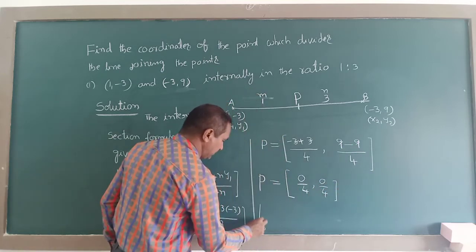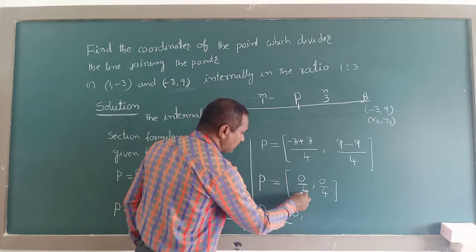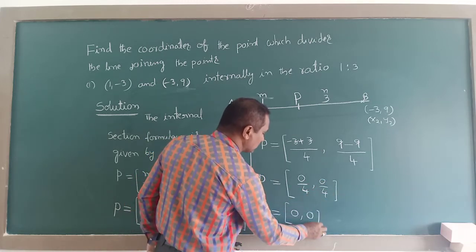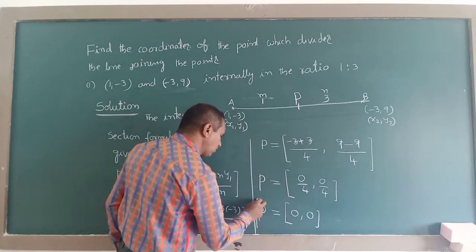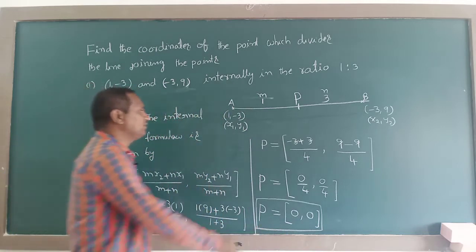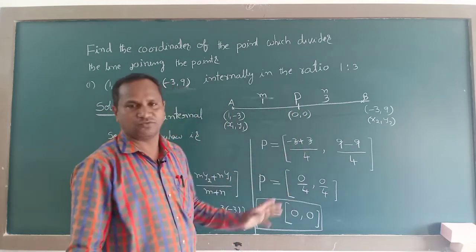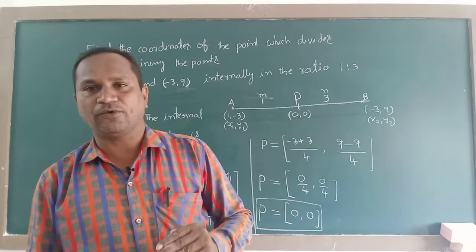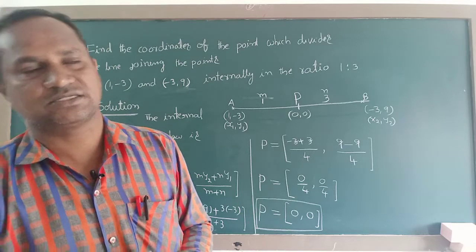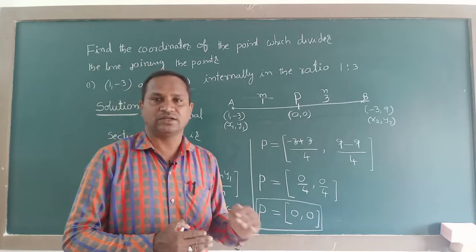Zero divided by a finite value is 0. So finally the coordinates of P are 0, 0. Like that we find the coordinates of a division point when it divides a line segment internally. Now let us solve another question on division points.